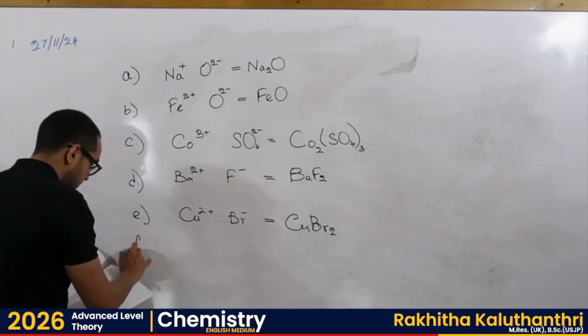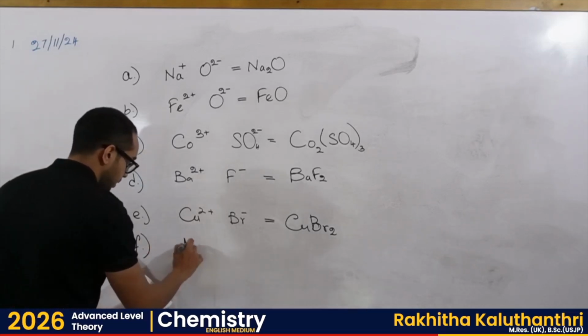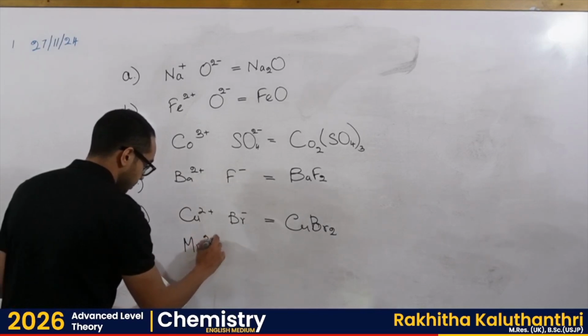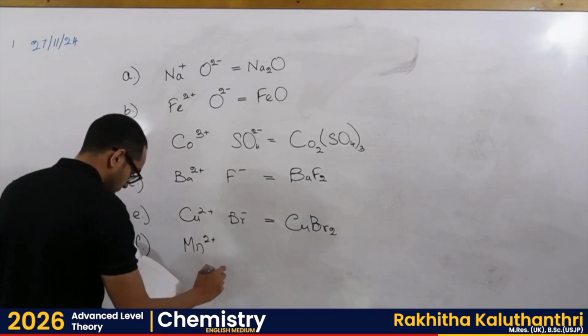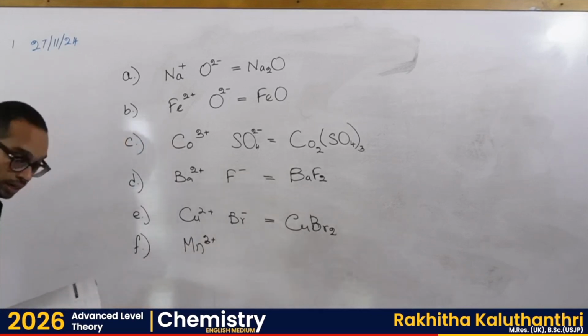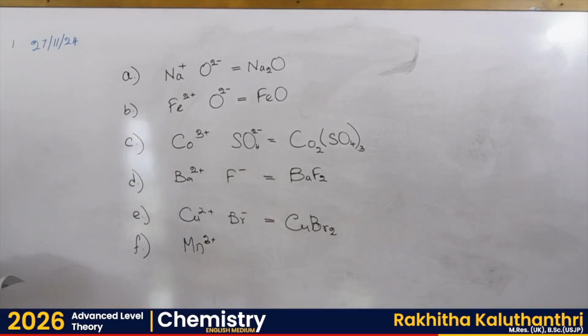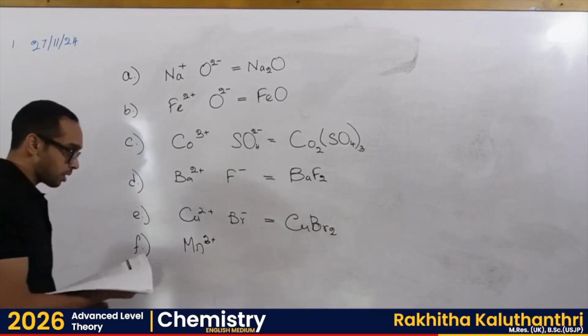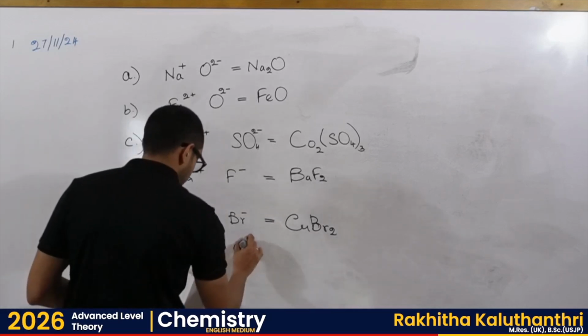And then after that, manganese 3+ forming manganese oxide. So that is F, right? This is a Mn3+ ion that they have given in this question. Mn3+ and oxide ion, O2-.